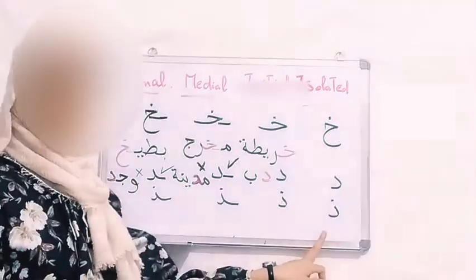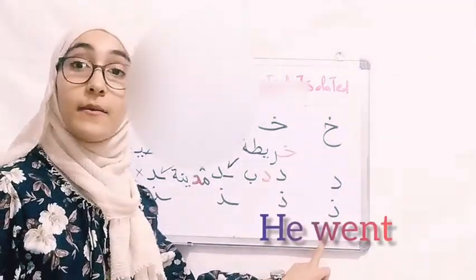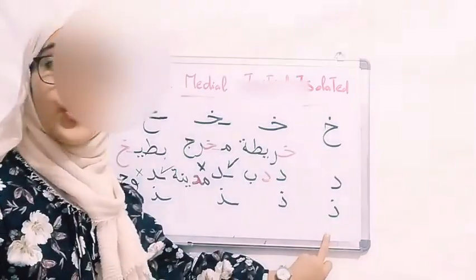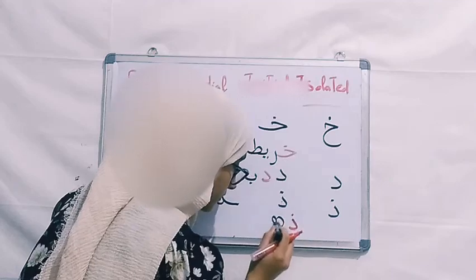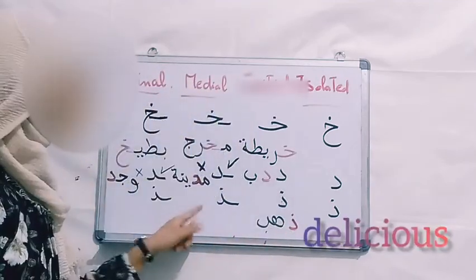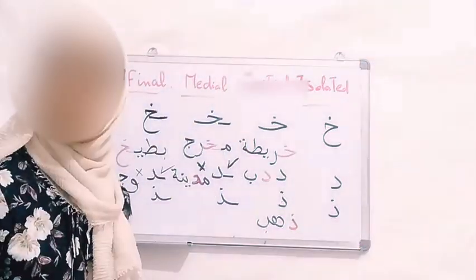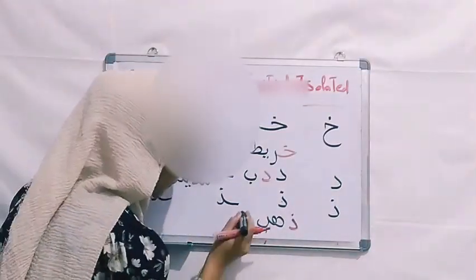And Dhal. Now, Dhal, we have ذهب. ذهب means went. He went. In the middle form, for example, we have لذيذ, means delicious.